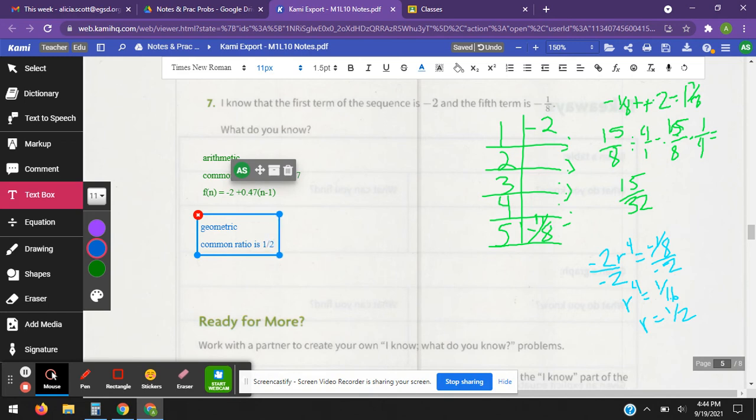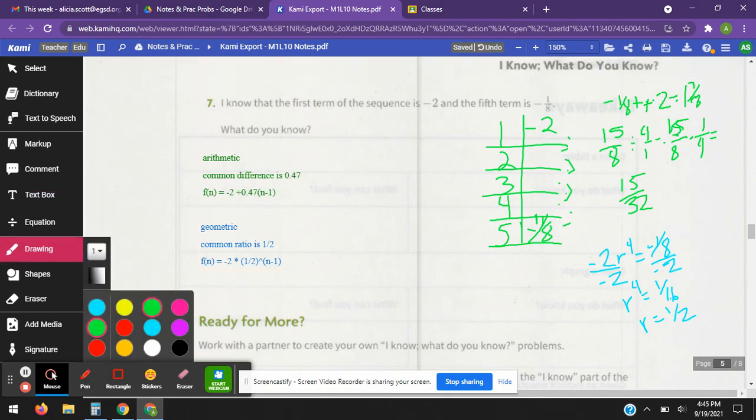And so then when I figure out that, my f of n equals -2 times 1/2 to the -1. So it really just depends on what we put in there.